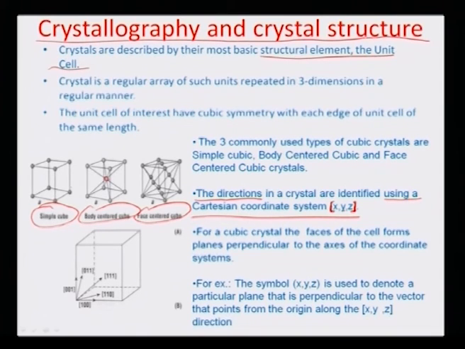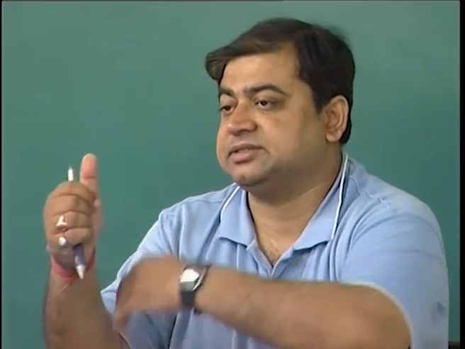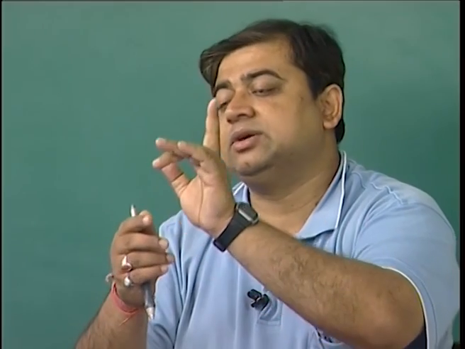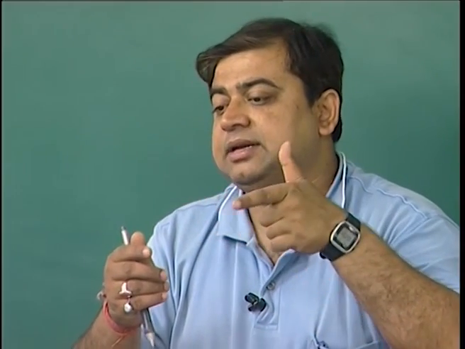So it is the direction of growth of the crystal. If I say that it is a [1 0 0] growth, that means the crystal is growing in the x direction. If it is a [0 1 0], it is growing in the y direction. Similarly, if it is a [0 0 1], it is growing in the z direction.